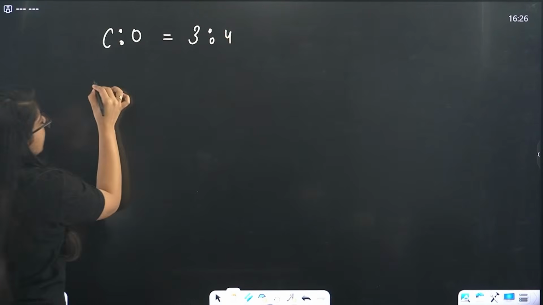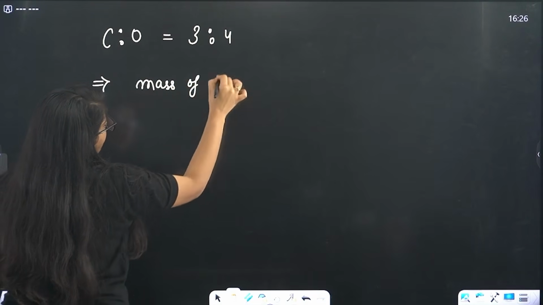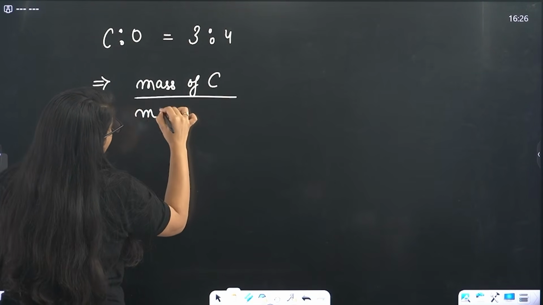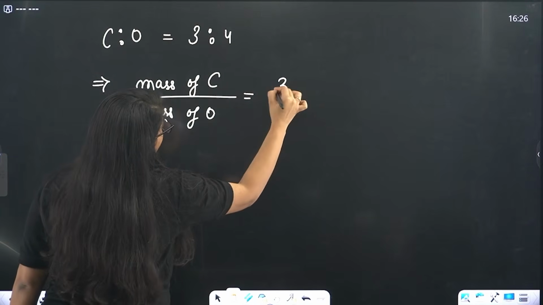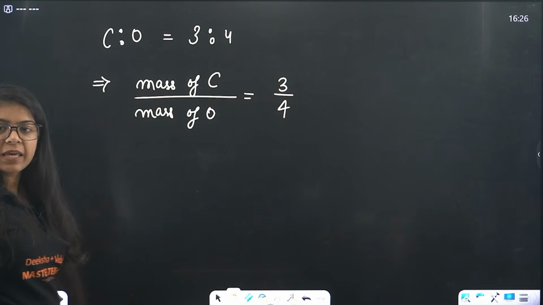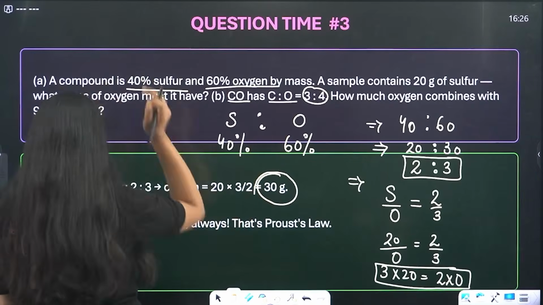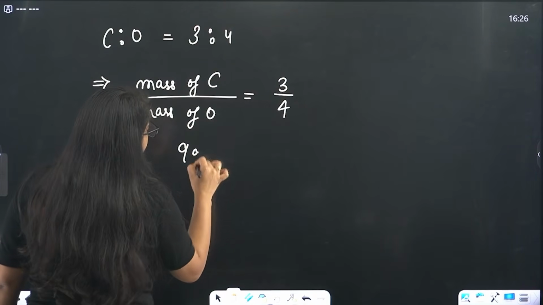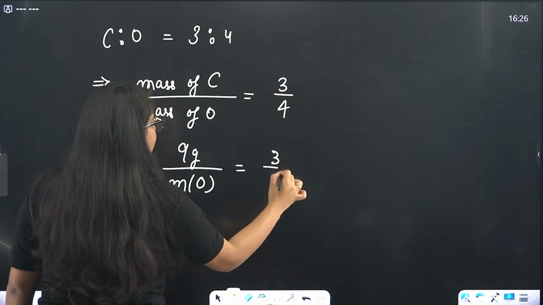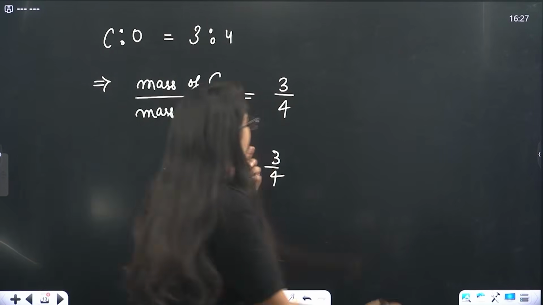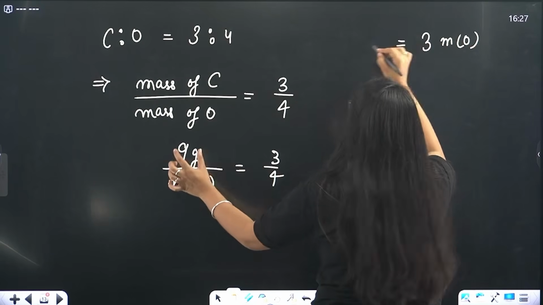Converting into masses, mass of carbon divided by mass of oxygen is in the ratio of 3:4. That's what they mean. Now the mass of carbon is given, that is 9 gram, and the mass of oxygen we have to find, so 3/4. Again the same calculation: 3 into mass of oxygen equals 9 into 4.